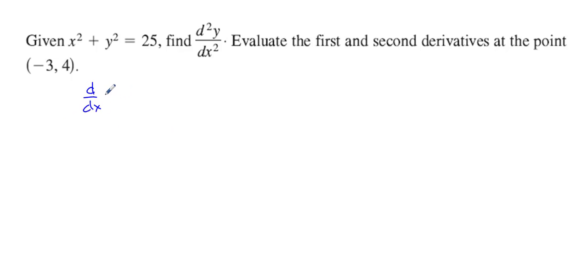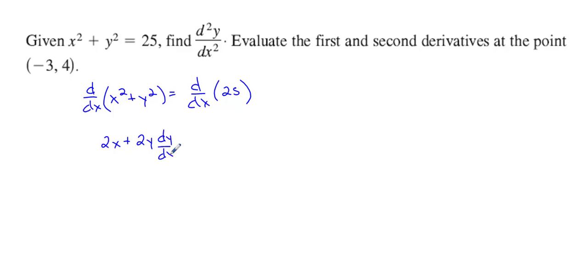d/dx. Okay, the derivative with respect to x of x squared would be 2x. The derivative with respect to x of y squared would be 2y, then dy/dx. The derivative of 25 is 0.